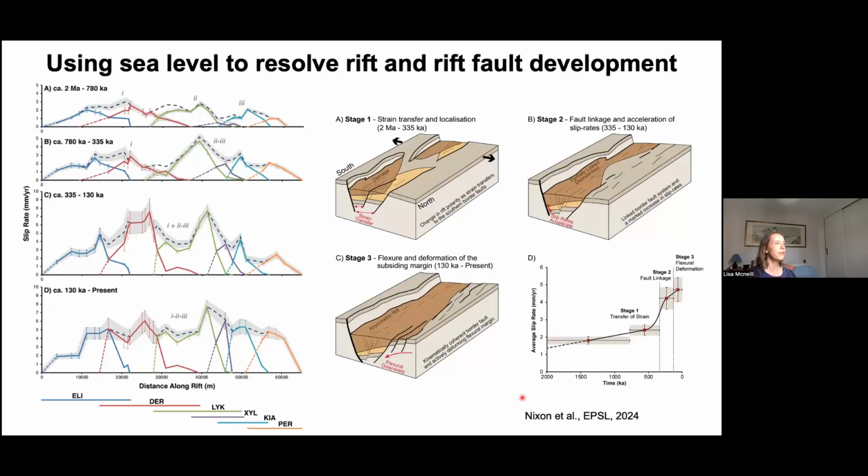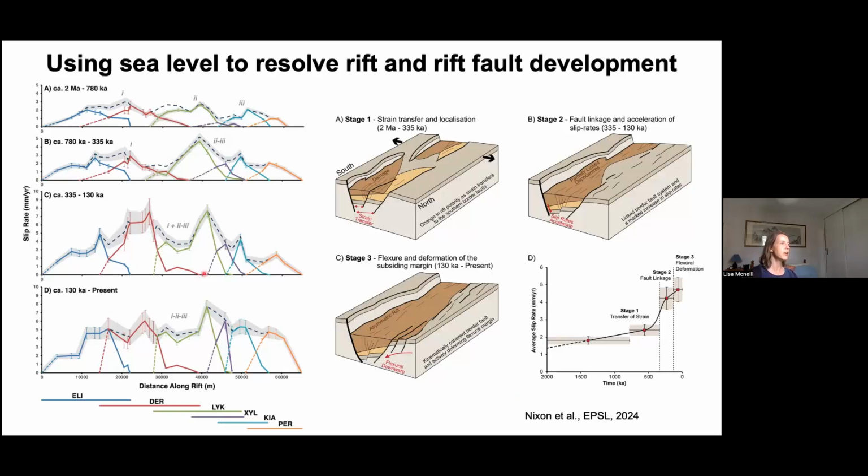From that, you can get a lot of detail about how the rift is evolving itself, how the faults individually are evolving, the rates of their motion, and how the southern border fault system has evolved and linked together. These are some results from Casey Nixon's paper this year, which integrated the drilling data with the seismic interpretations that we'd already made.